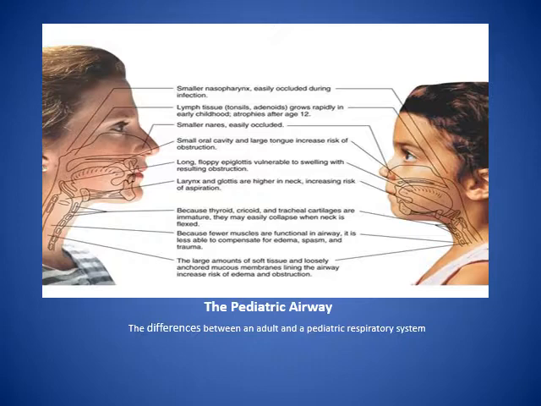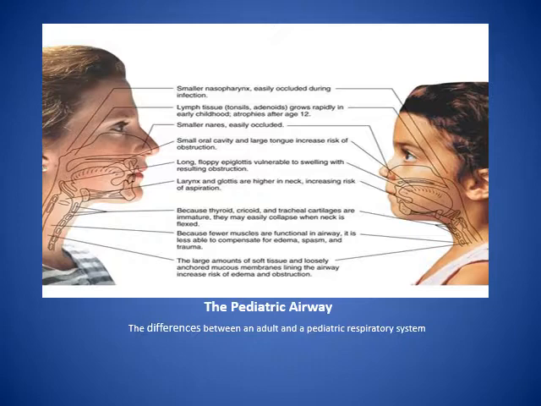Some of the biggest differences between children and adults in the respiratory system are illustrated in this slide right here. The biggest thing to remember is that the airway of a child is a lot smaller than the adult airway. So that means that things can get lodged in there quicker.